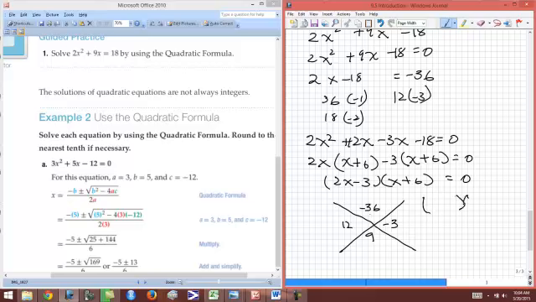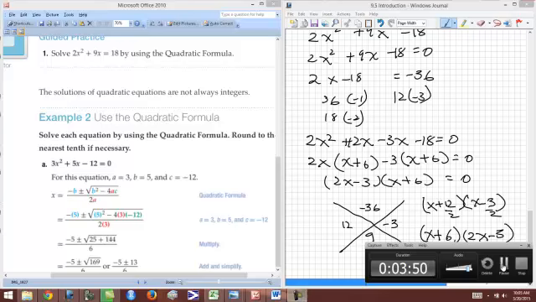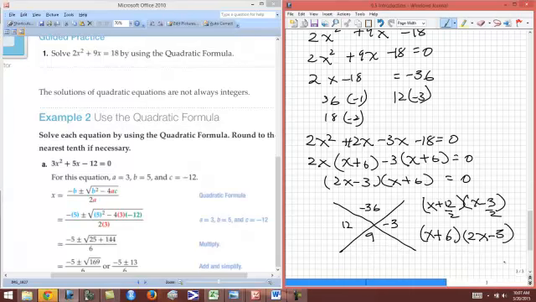Then you write the two parentheses with x plus 12 and x minus 3, and then divide both of the second numbers by 2. That gives you x plus 6 because it goes evenly, and it doesn't go evenly into the 3, so multiply the x by the 2 and you get 2x minus 3 here. You get the exact same factors with the other method. So either way, we get our factors.